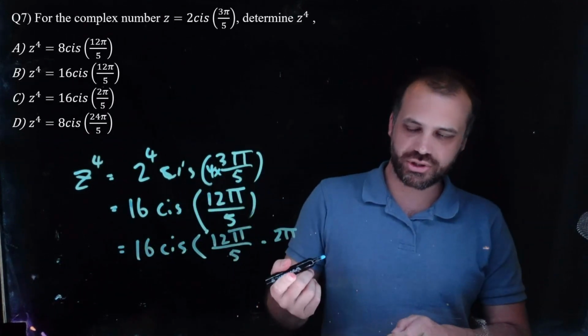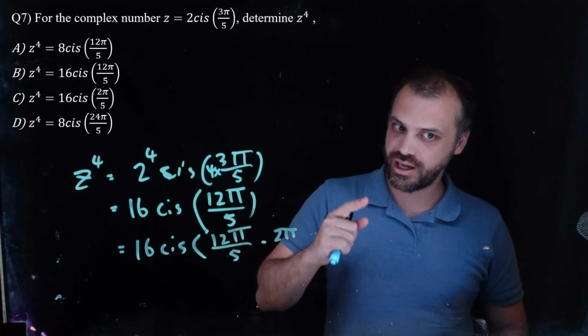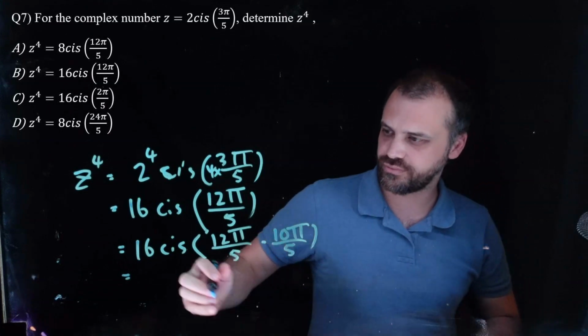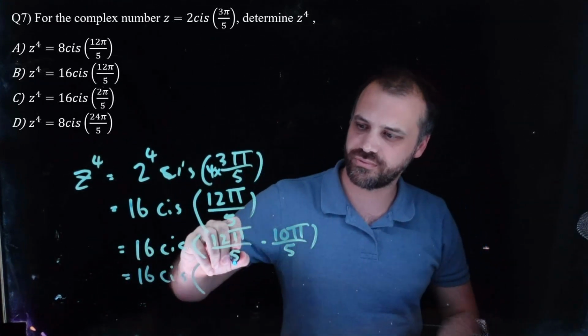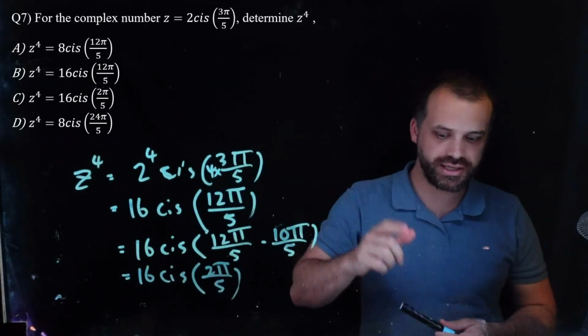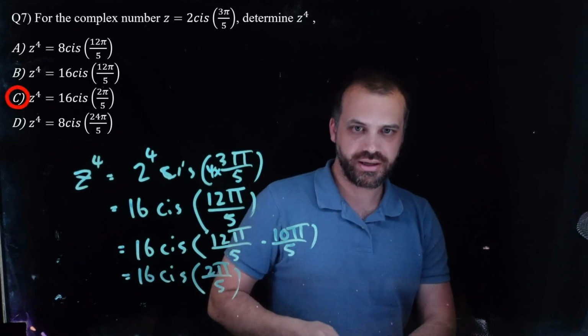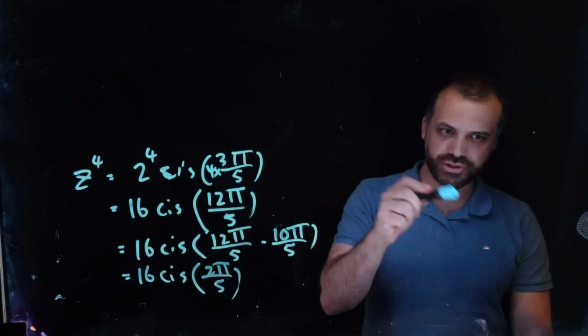Now, if I'm subtracting 2 pi from 12 pi on 5, it's going to be easier to write 2 pi as 10 pi on 5. So, 16 cis of 12 pi on 5 minus 10 pi on 5 is 2 pi on 5. And I can see my answer up there. The answer is C. Alright, big celebration, and on to the next question.